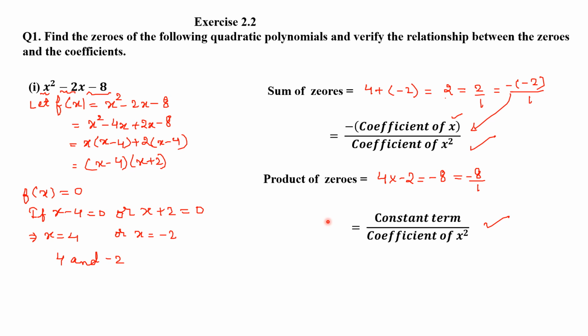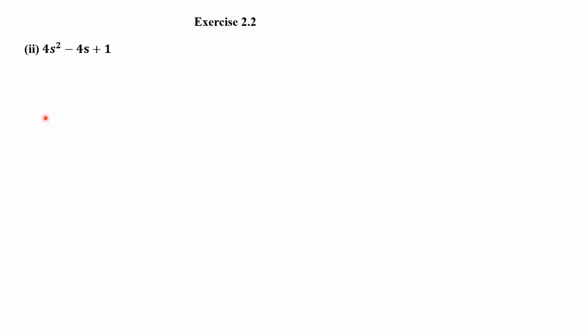Clear? So now I am moving to the second part of it. Now exercise 2.2, second question, 4s square minus 4s plus 1. So again I am going to assume this as f of s. F of s is equal to 4s square minus 4s plus 1. Now I am going to factorize it.